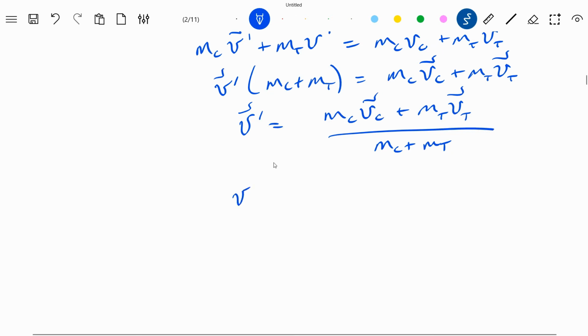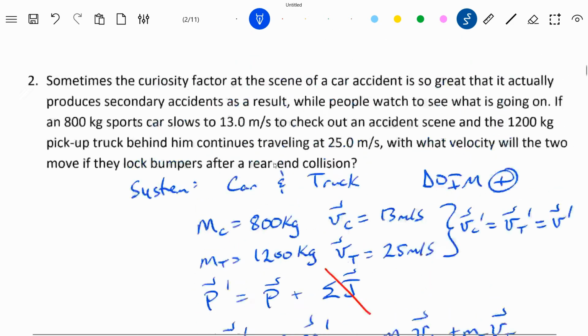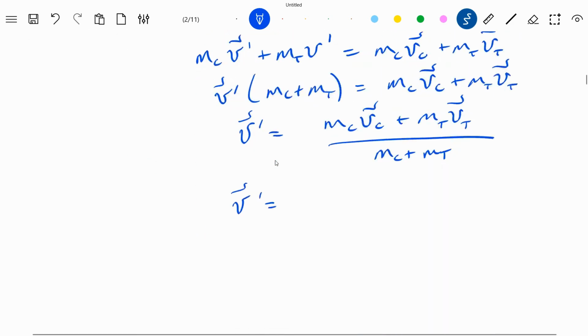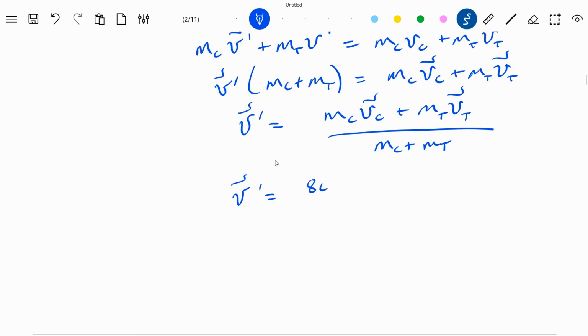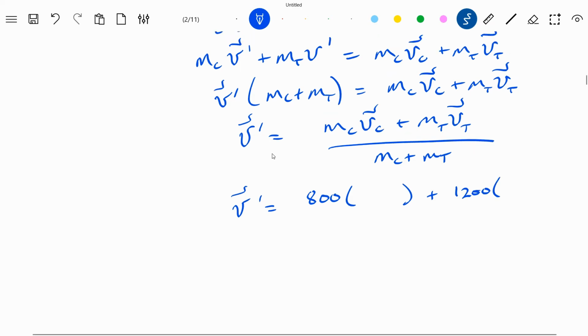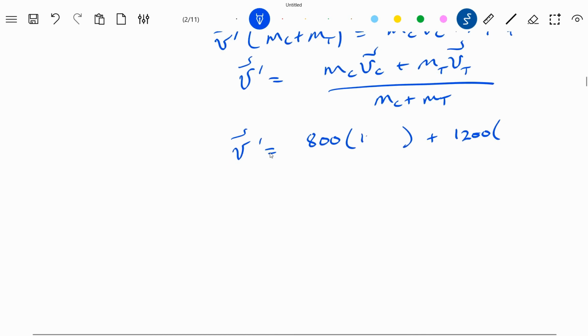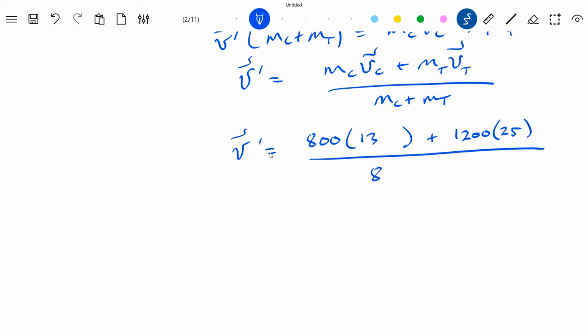Okay, putting the numbers in. Velocity prime is equal to, and unfortunately I have to do some scrolling here. So the car was 800, the truck 1200. Okay, so 800 plus 1200. Their velocities before the collision were 13 and 25. All of which is over 800 plus 1200.